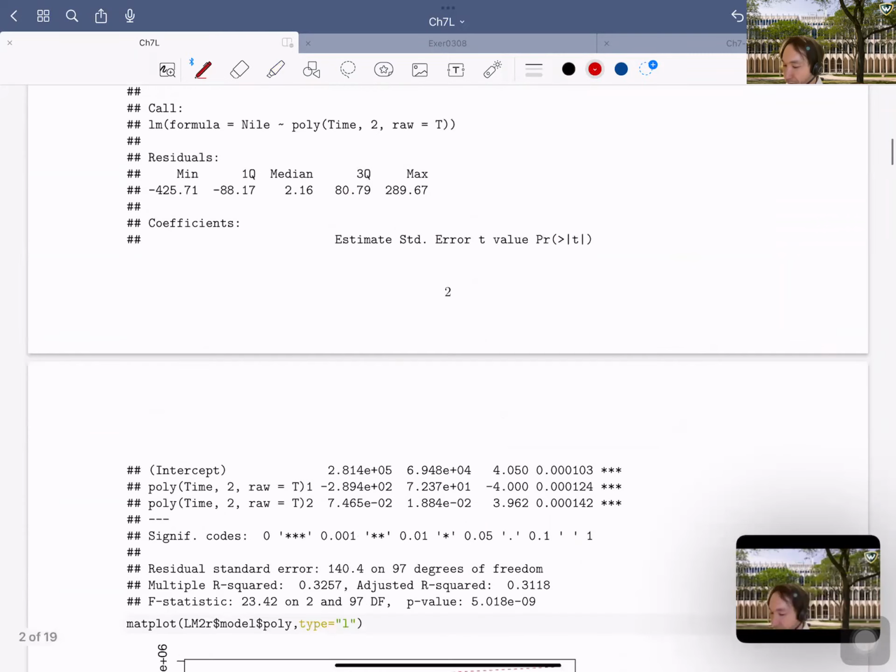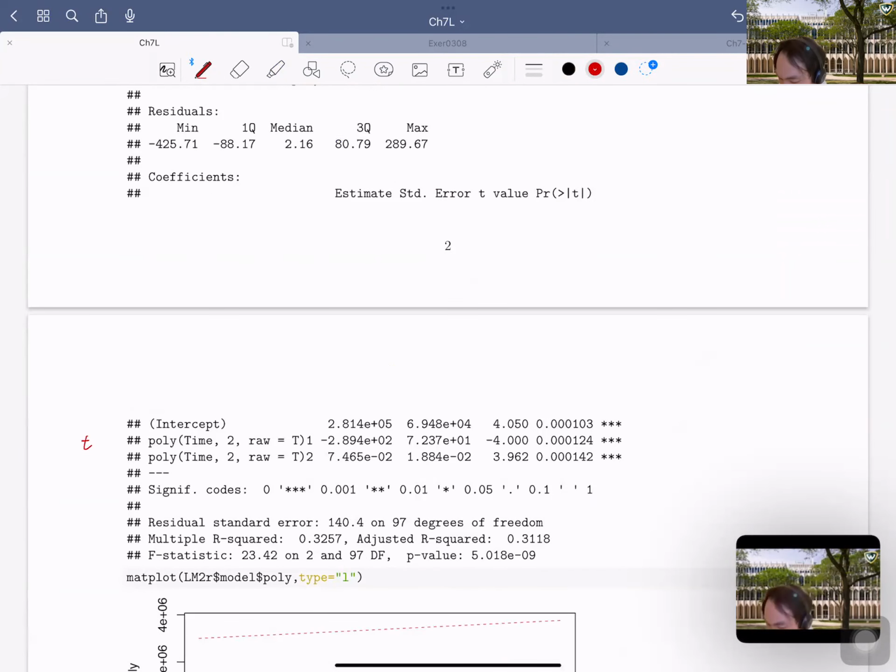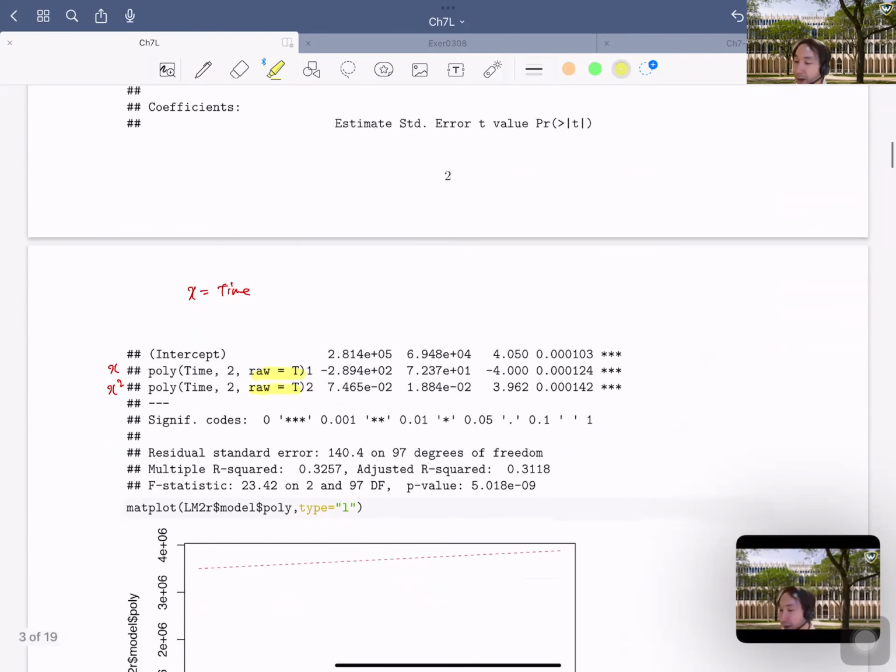If you want to put exactly time and time squared, maybe I write x equal to time. Then we want to fit x and x squared, and we can specify raw equal to T. Then basically the fitted curves are the same, we just transformed it.